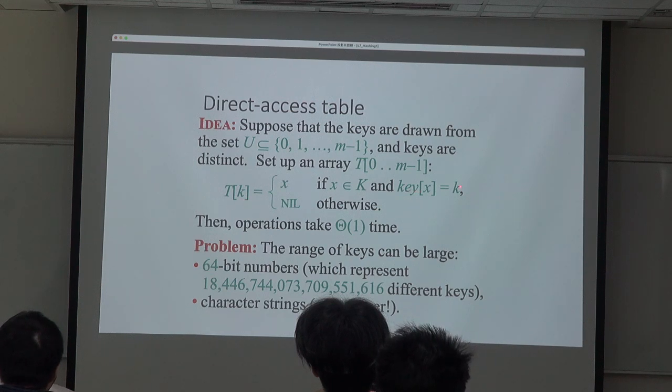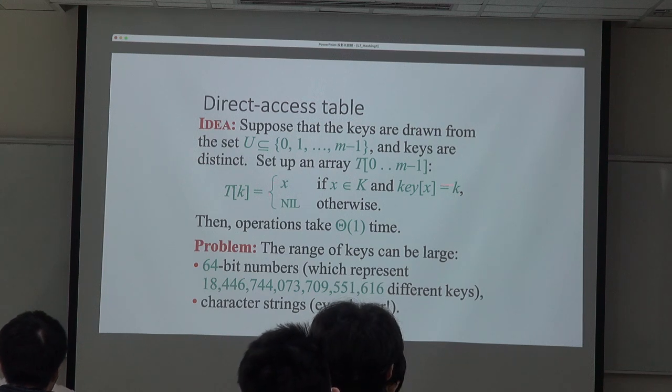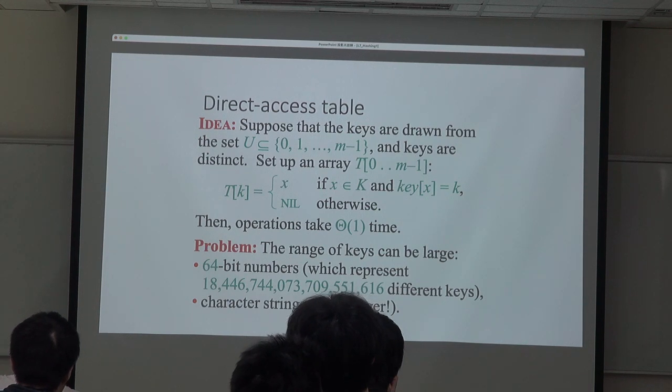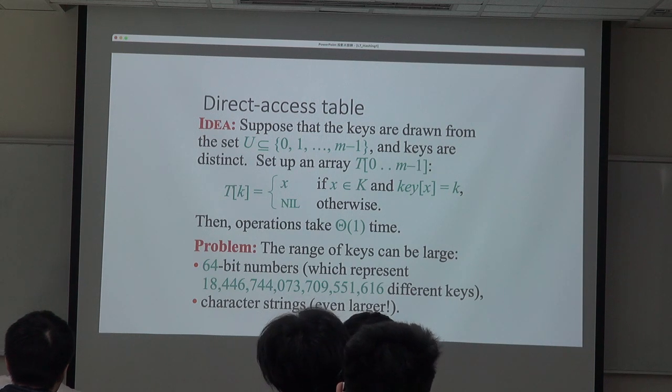The key k is the same as your array index. If the record is there, it will be there after the insertion. But if the record is not there, this array location is going to hold nil, just to indicate that there's no record there.